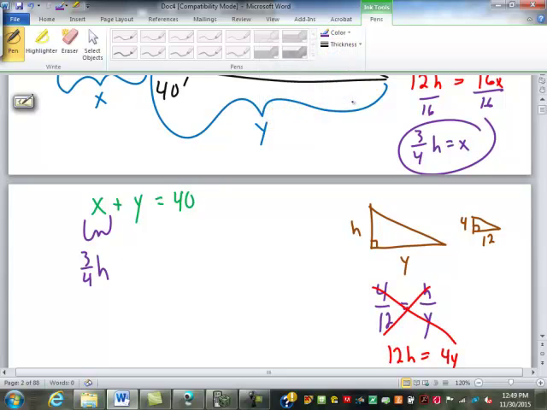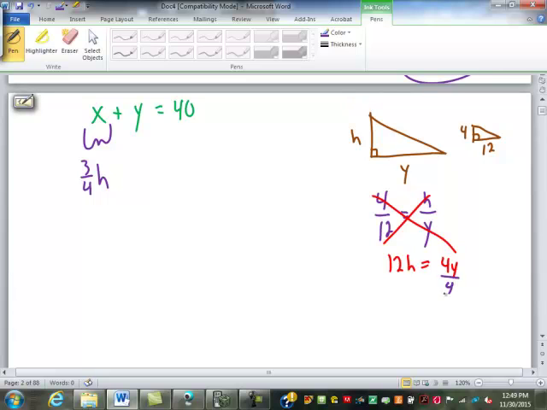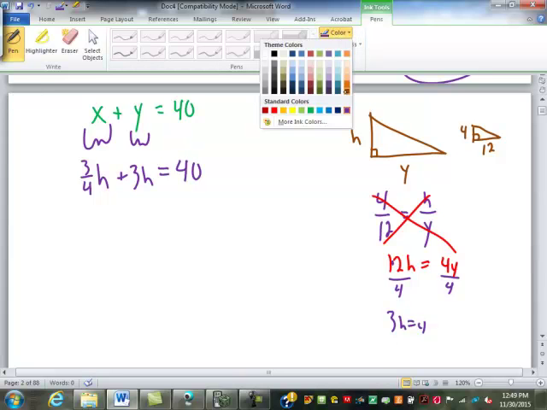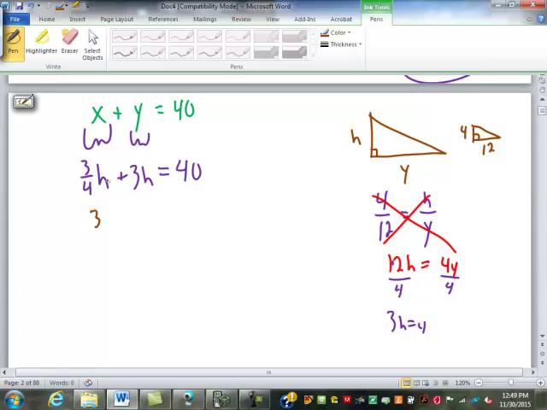I divide by 4, 3h equals y. So I'm going to come up here and replace y with 3h. So 3/4 h plus 3h equals 40. So 3/4 plus 3 is 3 3/4 h equals 40.